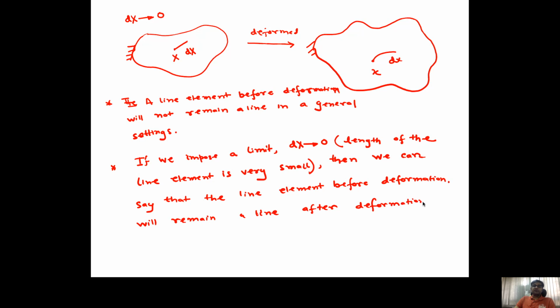So that is one of the considerations here, that the line element we are going to consider to be very small.